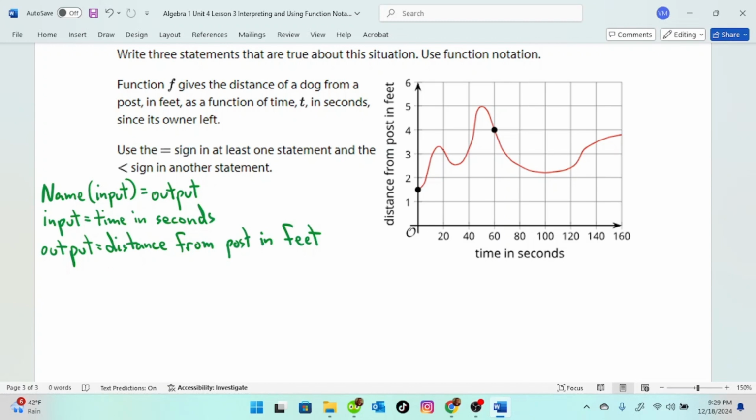And what I'm noticing is this point right here when time is 20, and this point right here when time is 40. They appear to be the same, so I'm going to say f of 20 equals f of 40, because the function at 20 seconds is the same as the function at 40 seconds.